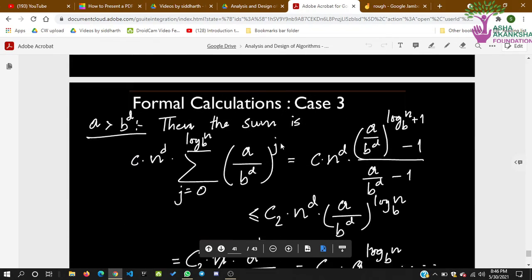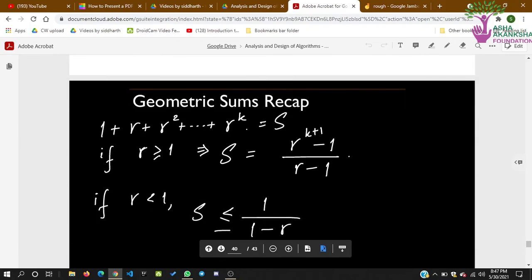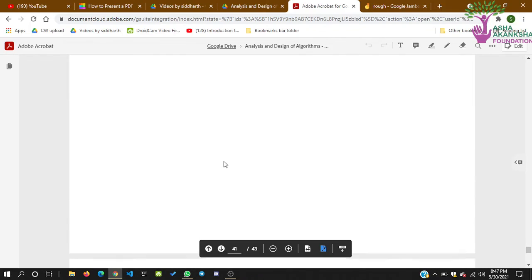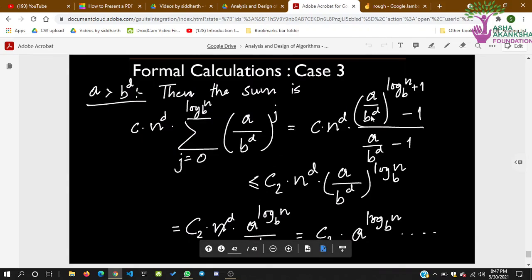And if a is greater than b raised to power d, then the original sum, this becomes greater than 1. We use this formula, and hence we just apply this formula as it is.